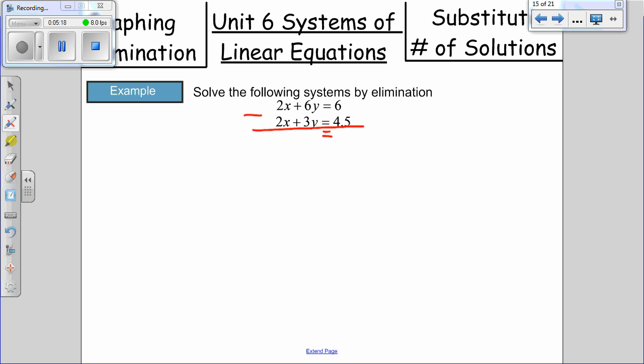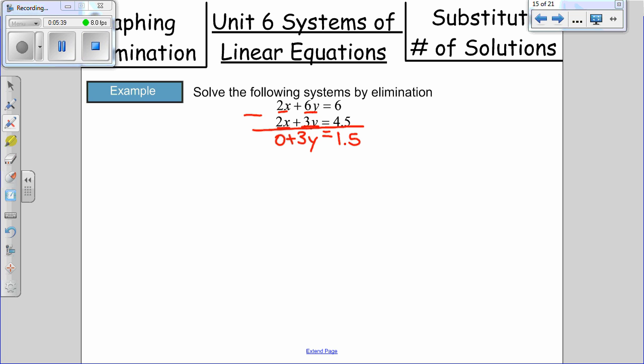And all we do is we go across. We have 2x minus 2x, that'd be 0. We go 6y minus 3y would equal 3y. It's a positive. 6 minus 4.5 is 1.5.